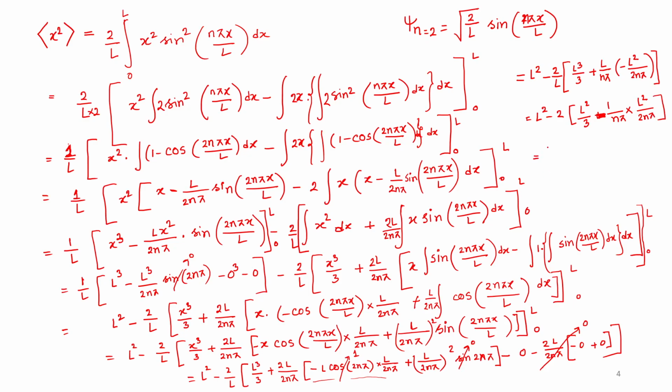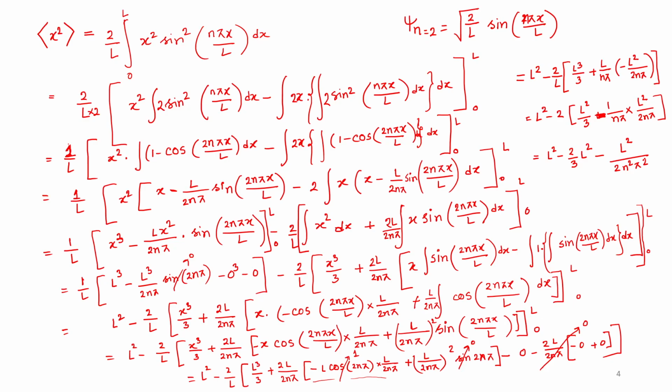Oh my god, this is very big. L square minus 2 by 3 L square minus L square by 2n square pi square. I don't know if I have made it right.